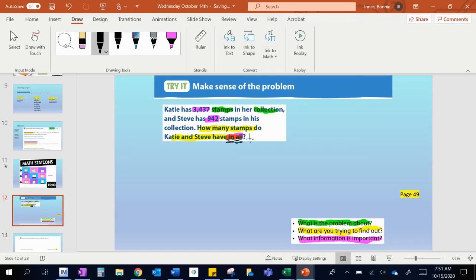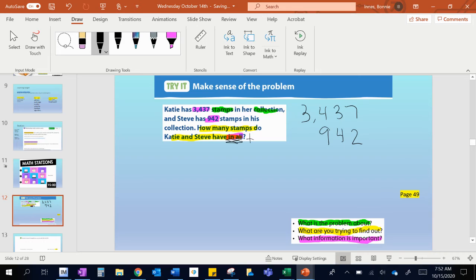And this was also on page 49 of your workbook. I'm going to need a lot of space. So I'm going to come over here on the right. I'm going to set up my problem, and I'm going to be using place values. So I'm going to make sure my numbers are aligned. So the problem is 3,437 and 942.